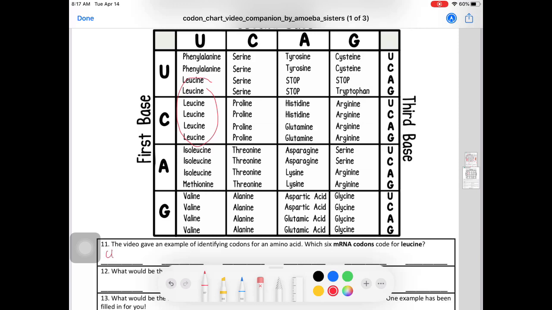So first U, second U, third A. First U, second U, third G. See how like A and G, A and G? Then first C, second U, then third U, C, A, G. Whoops, that should be a C, U, G. All right, just like that.